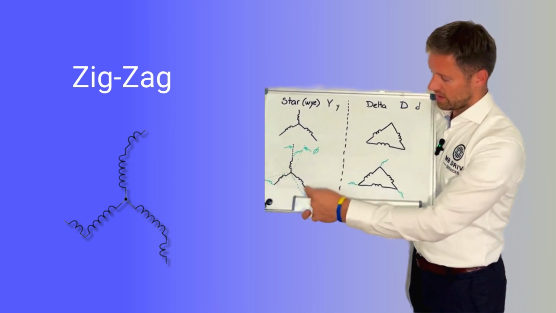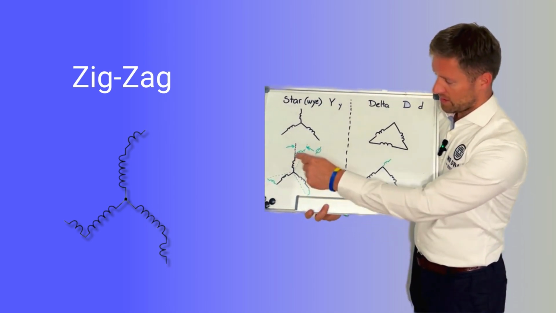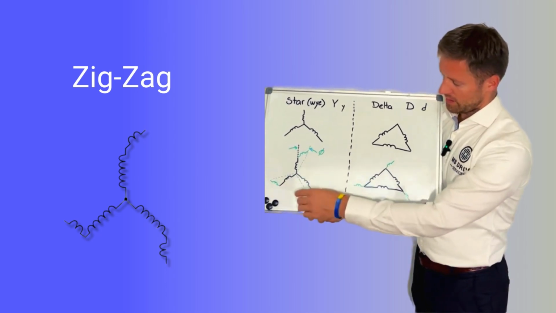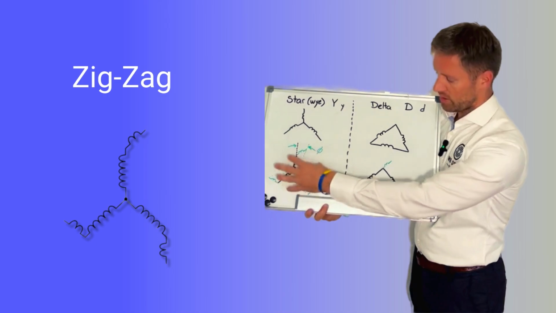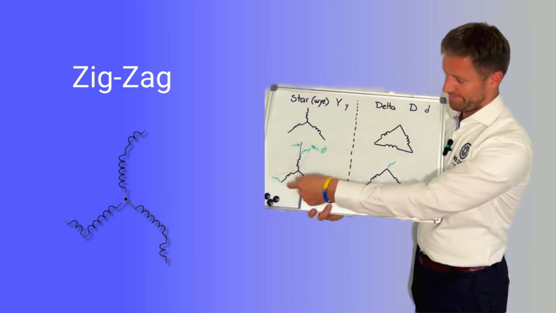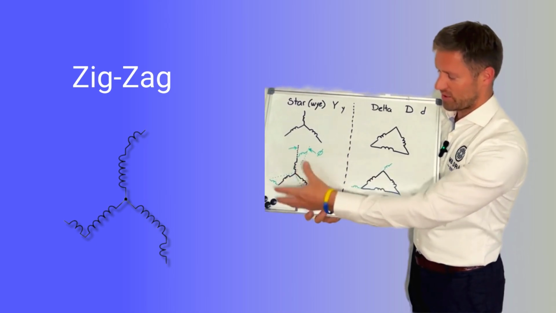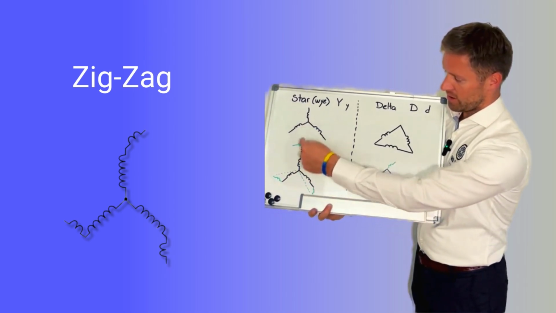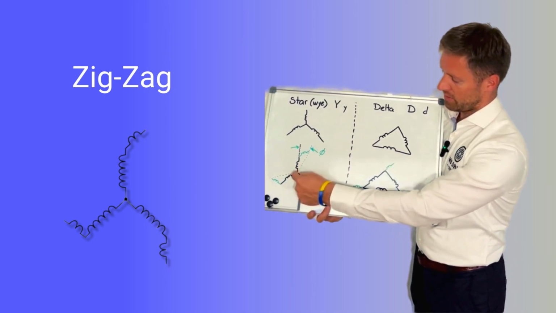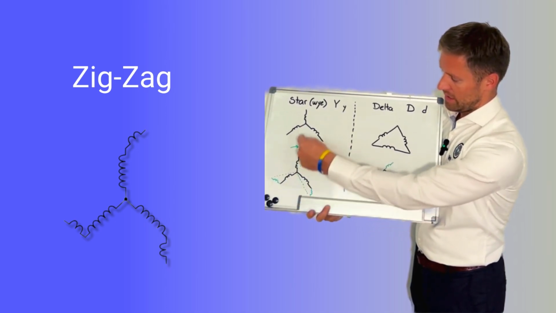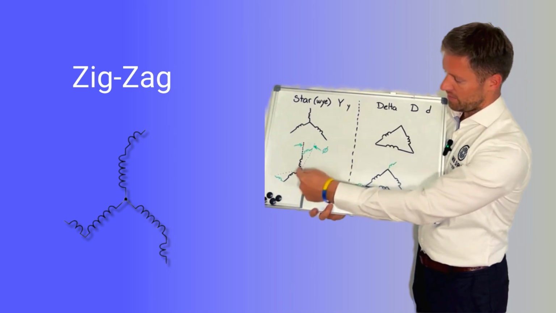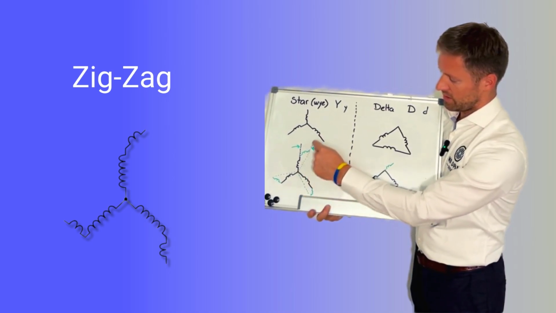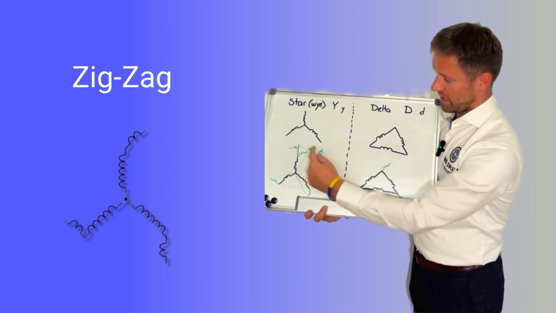So the original star is the black one, and by adding a few turns of the other phase to each phase, we are rotating the whole thing, like a broken delta or zigzag connection. So the original star connected winding would have this axis that is vertical, and the zigzag connection has this axis, this green dotted line, and we can see that there is the angle.